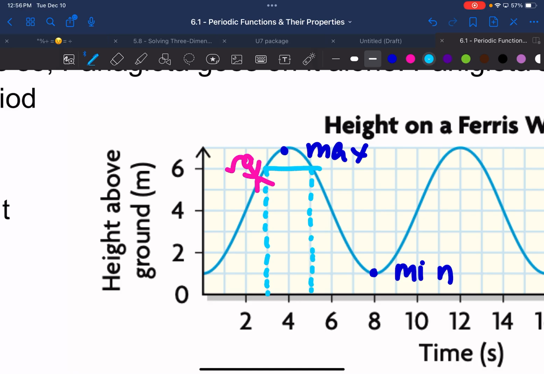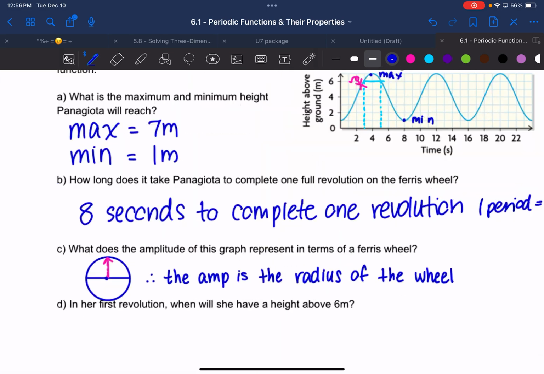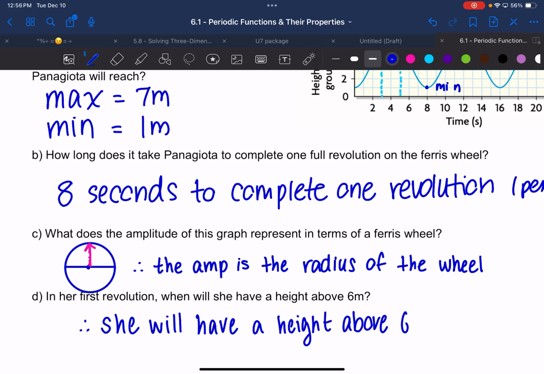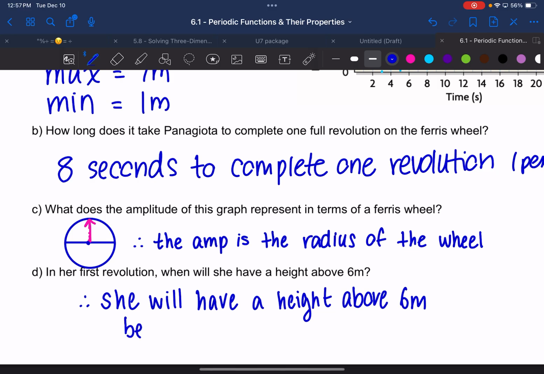So just from here to here, between 2 and 5 seconds, is she above 6 meters, right? So we can say, therefore, she will have a height above 6 meters between 2 seconds and 5 seconds.